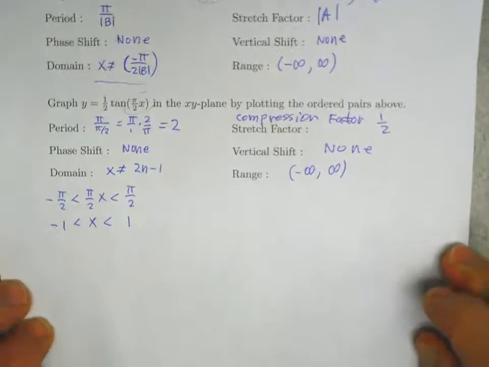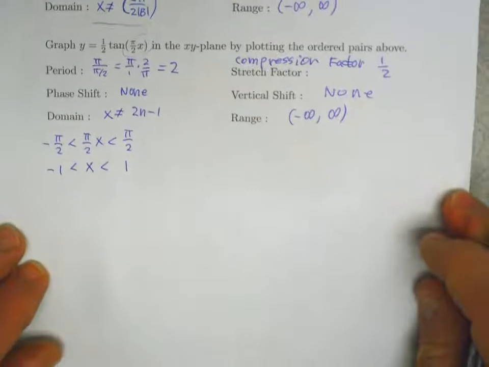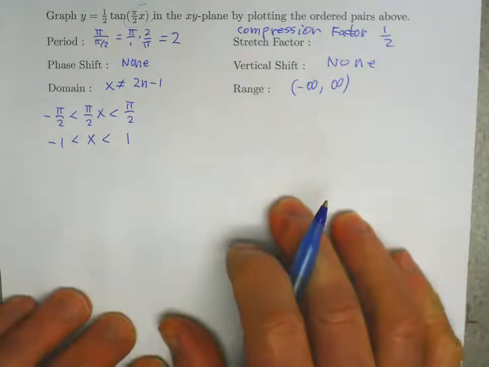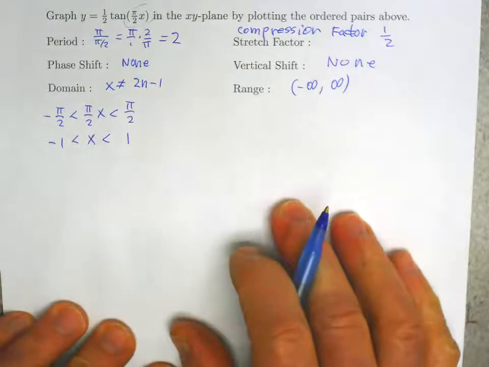Okay, so let's sketch 2 or 3 periods for y equals 1/2 tangent of pi over 2x.